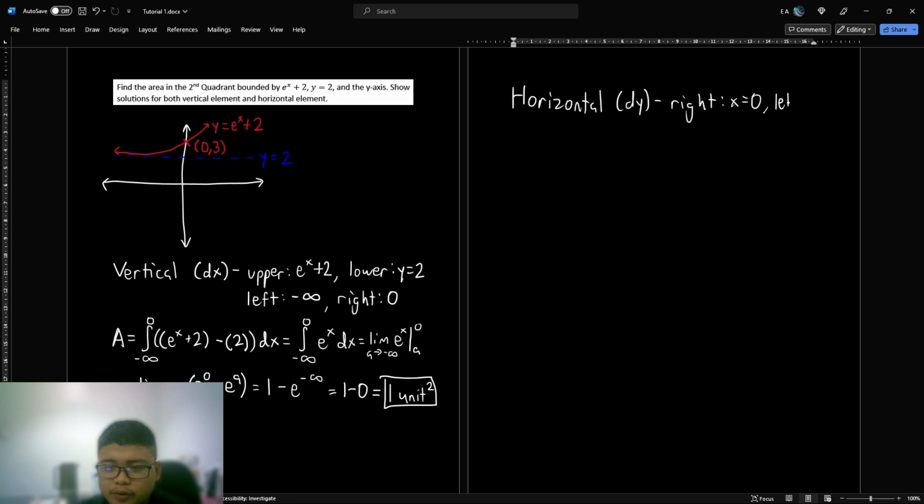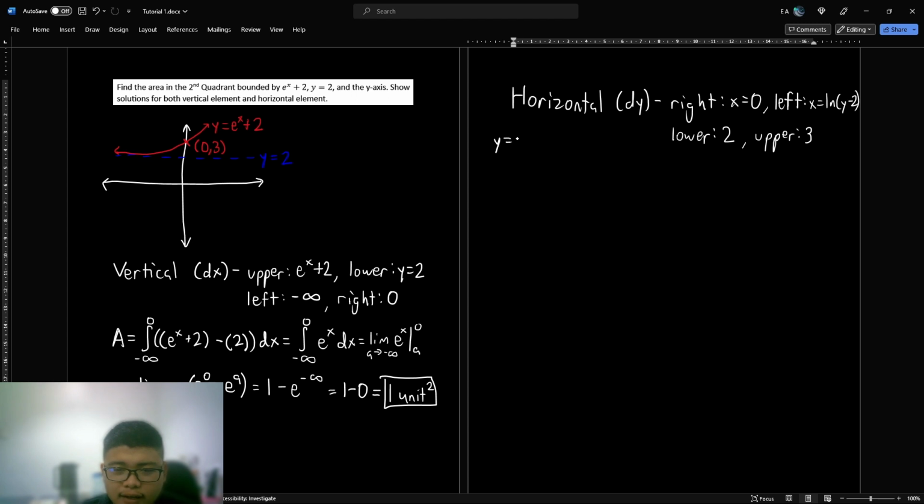Our leftmost would be x equals ln of (y minus 2). Our lower limit would be 2, and our upper limit would be 3. As you can see here, how did we get the leftmost limit?